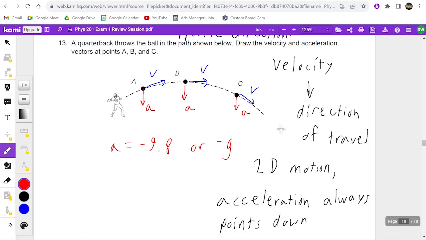But if there was no ground, eventually velocity and acceleration would point in the same direction, straight down. And that's why, by the way, that objects have this parabola shape. They're always trying to look more flat if it goes on for long enough. Any questions there? Okay, good.